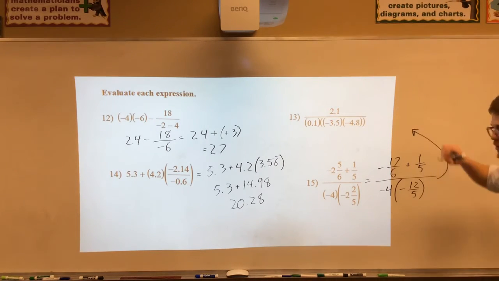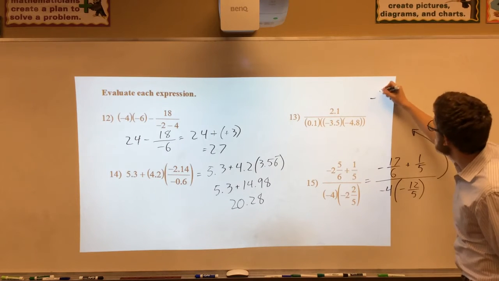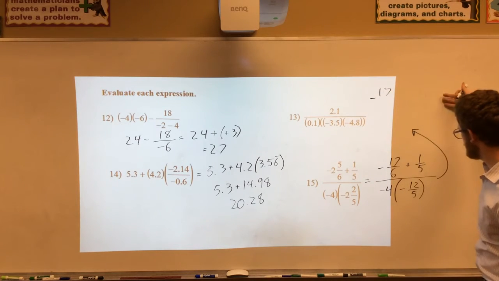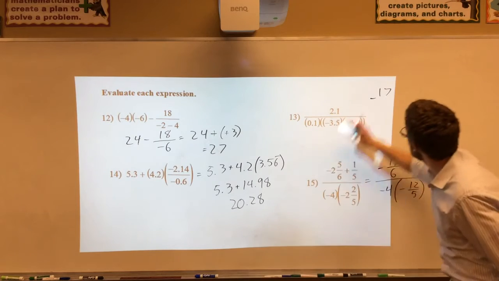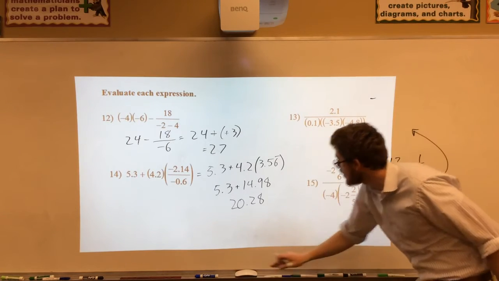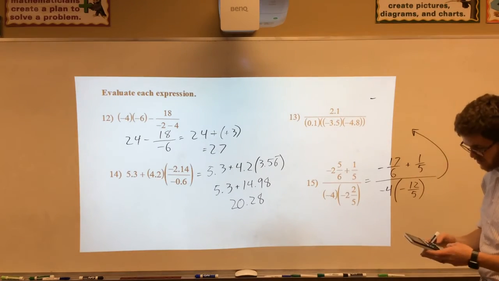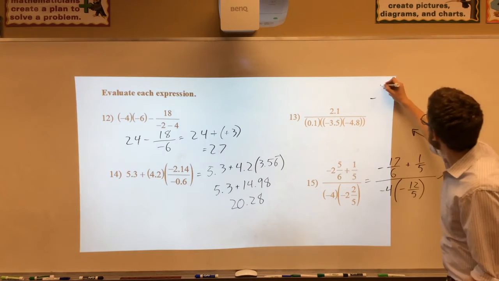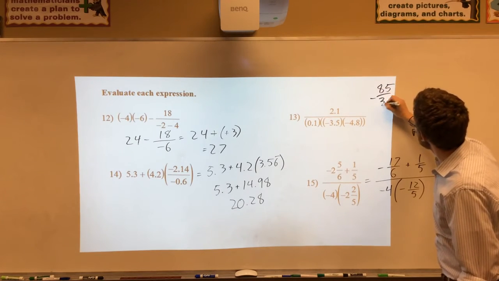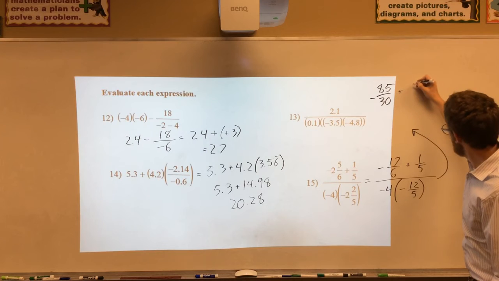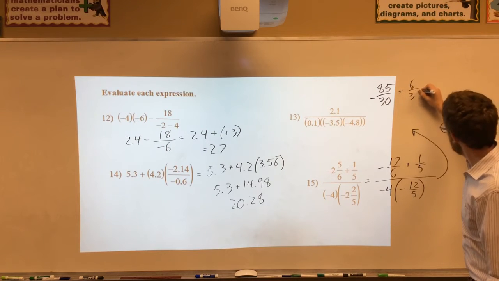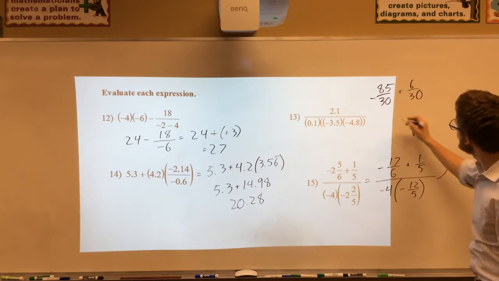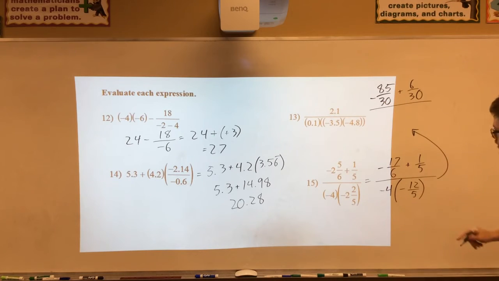I'm going to work this way so I stay in the video. Negative 17 over 6 plus 1/5. I'm going to get common denominator. We've got 30 as our common denominator, so I'll multiply 17 times 5. We've got 85 over 30 plus 6 over 30.